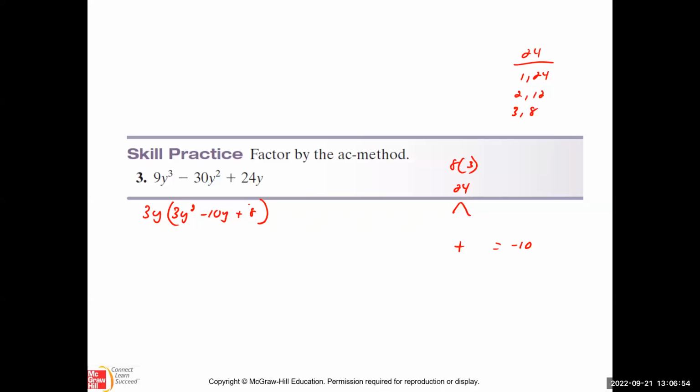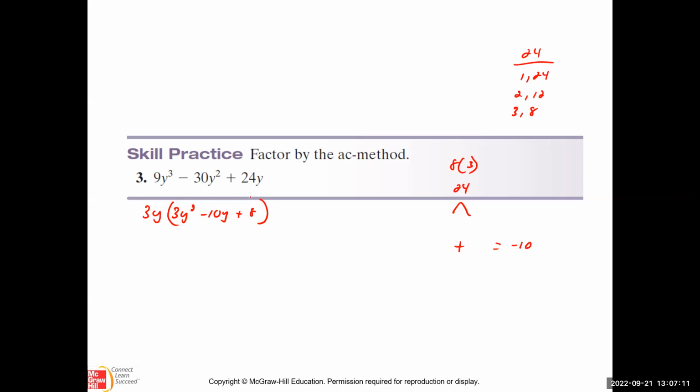So if we go back to the original one, since that 8 is positive, the signs are going to be very specific in the sense that they're going to be the same.